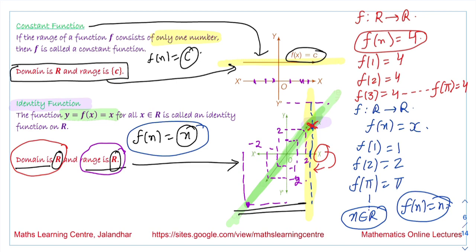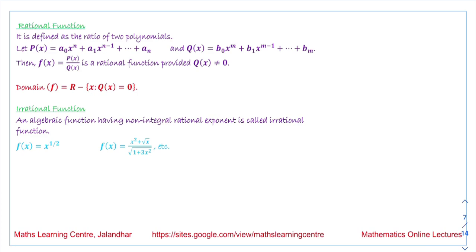Next we have the rational functions. If we are given two polynomial functions, say one is p(x) = this polynomial, and the second is the polynomial q(x) = this polynomial, then the rational function is f(x) = p(x) over q(x).